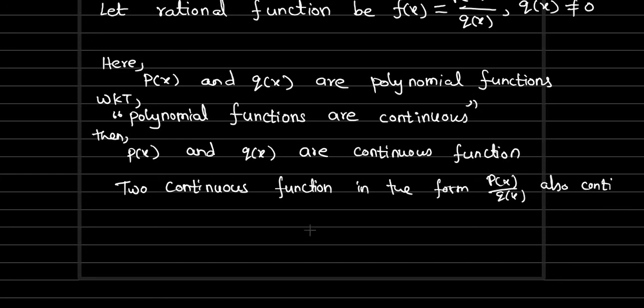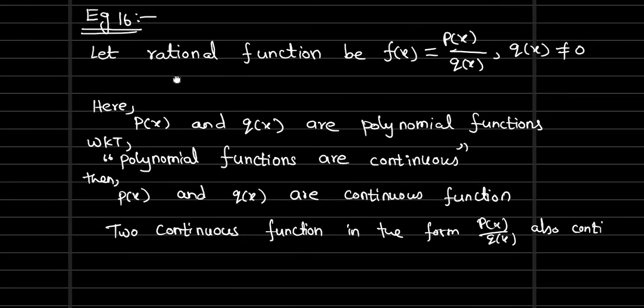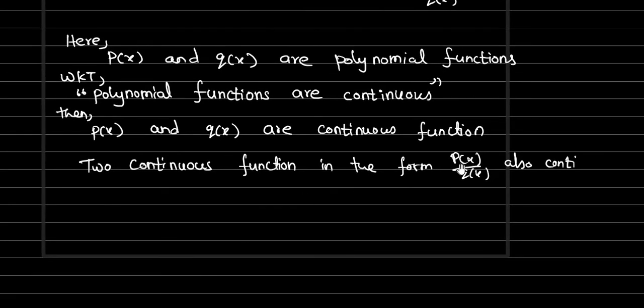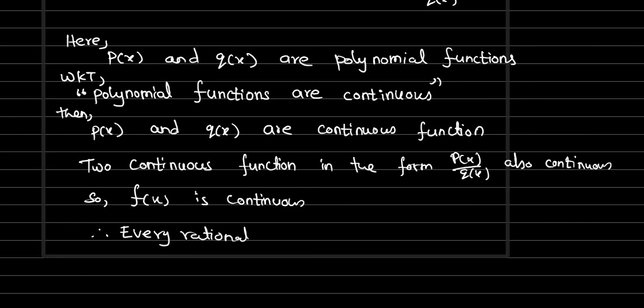What is p of x by q of x? It's f of x, the rational function. So f of x is continuous. Therefore, every rational function is continuous.